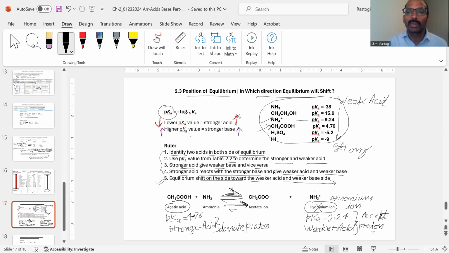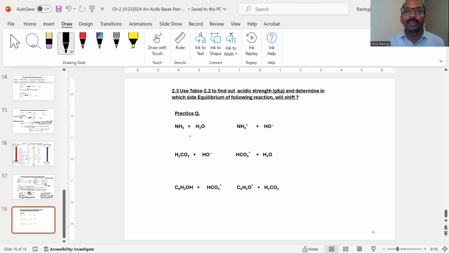So a thick or larger arrow toward the product side, and a small arrow toward the reactant side.